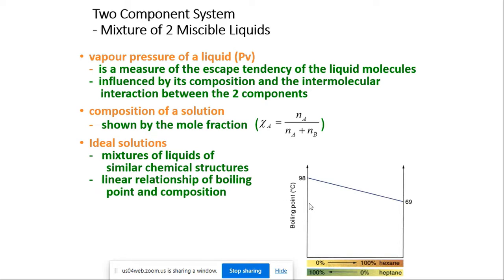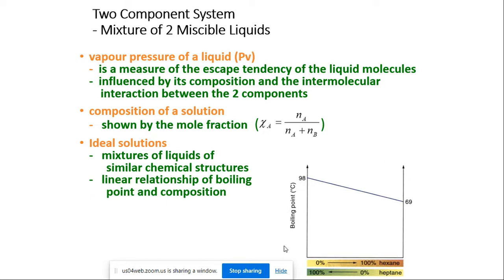So you can identify if 100% heptane is there, then the boiling point of 100% heptane is 98 degrees Celsius. But if you have 100% hexane, it is reduced to 69. So if you have a mixture of hexane and heptane, the boiling point should be in between 98 and 69. Right? This is a binary phase diagram.